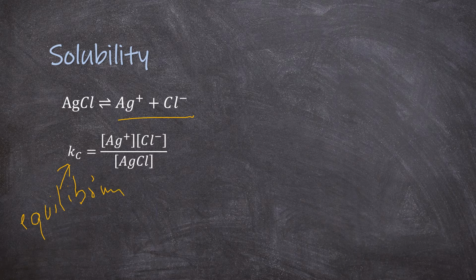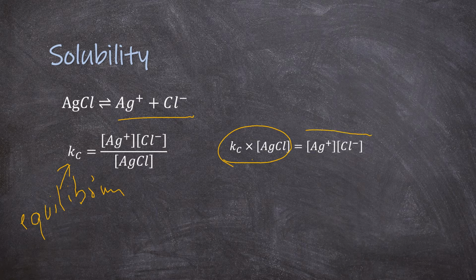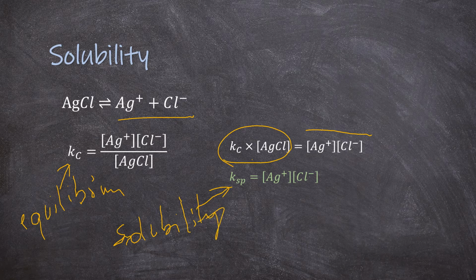By this you can arrange this so that both Kc and AgCl are constant, and these are the non-constant, and from this you'll get the solubility product. So this is the solubility product.